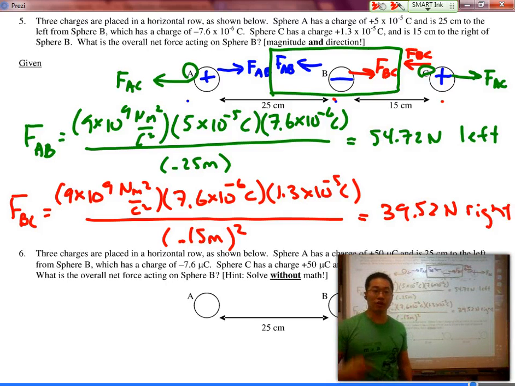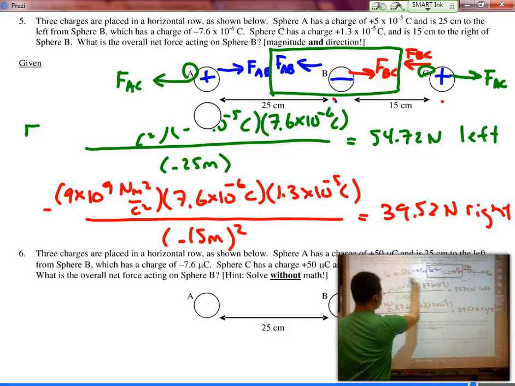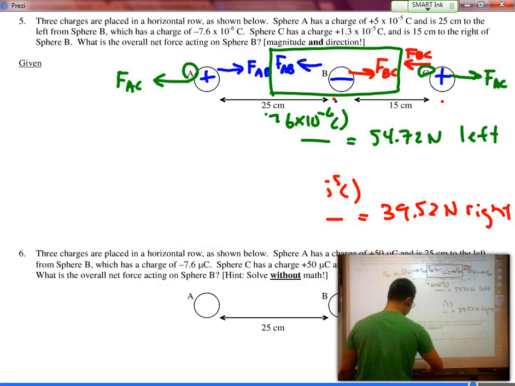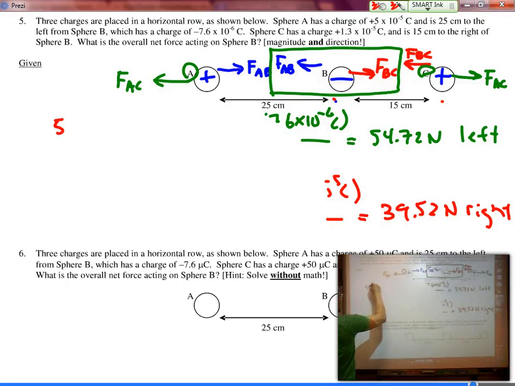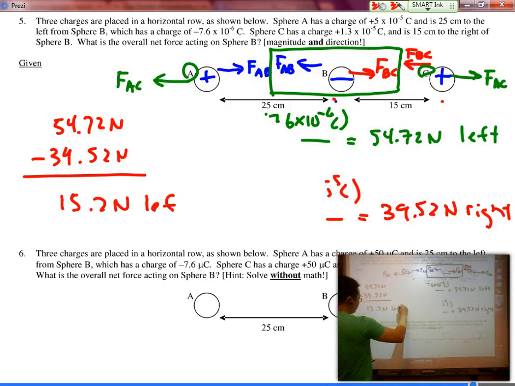So in this case, when we're looking for the net force, we will combine the 54.72 with the 39.52. And since they're in opposite directions, you would subtract, and you get an answer of 15.2 newtons left.